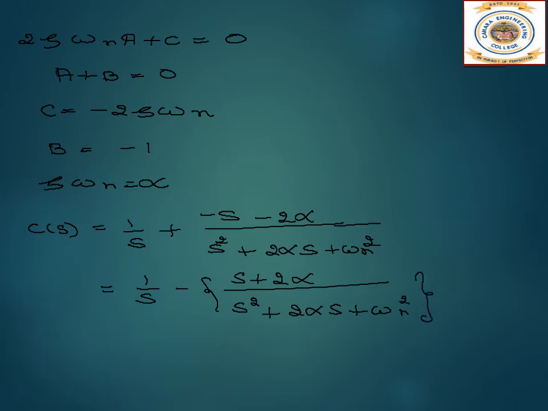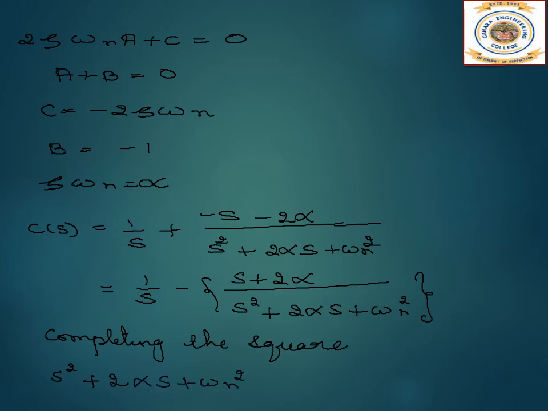We have to apply Laplace inverse. Before applying Laplace inverse, we will complete the square over here. So completing the square, let us consider the denominator: s square plus 2 alpha s plus omega n square.